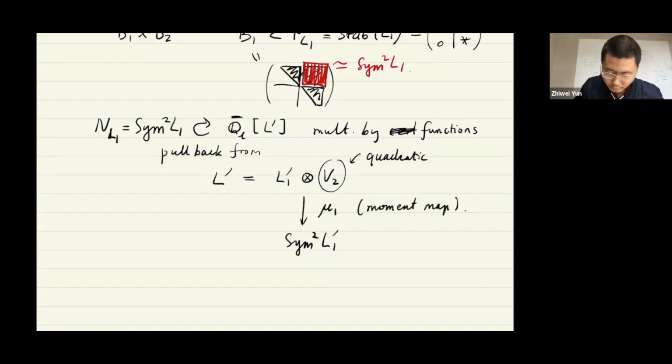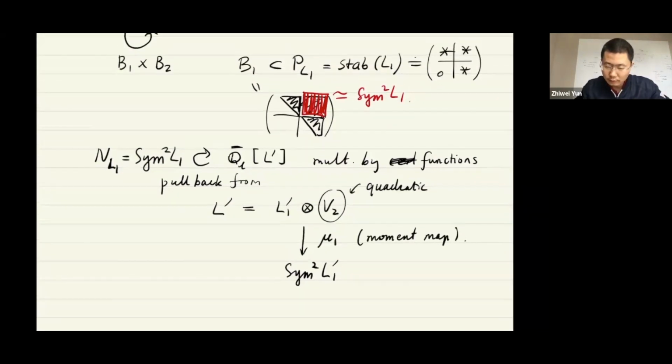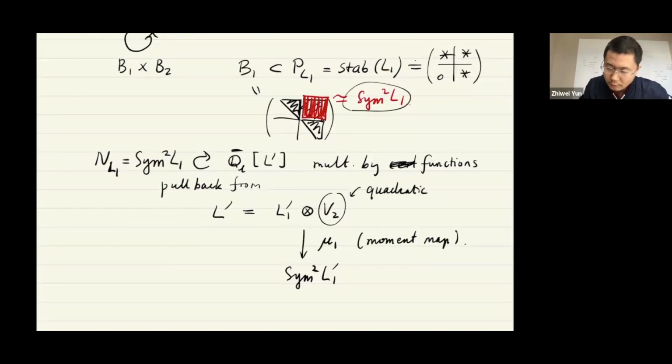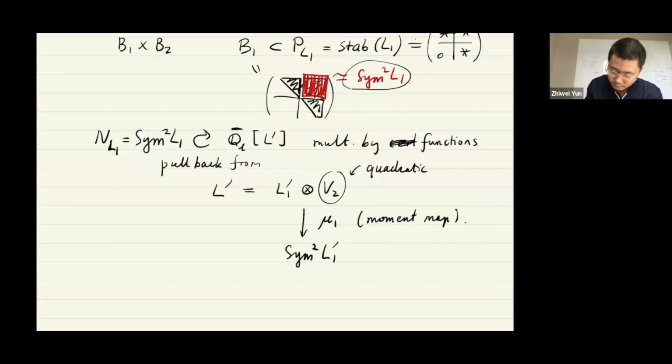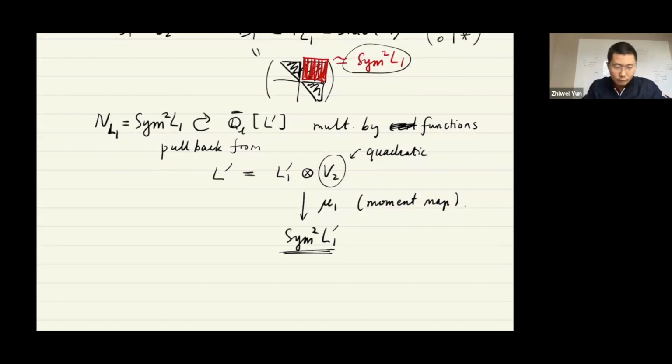And the action of this unipotent group, Sym square of L1, is by multiplying with functions pulled back along this moment map. So this group is dual to this Sym square L1 prime. Each element in that group gives an additive character downstairs, and then you just pull it back.